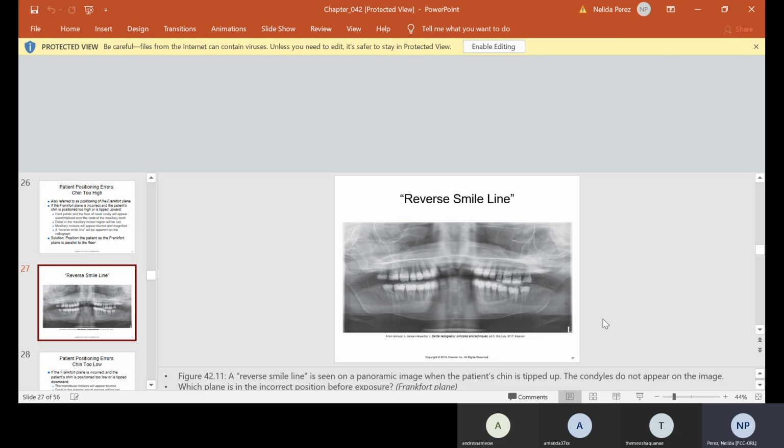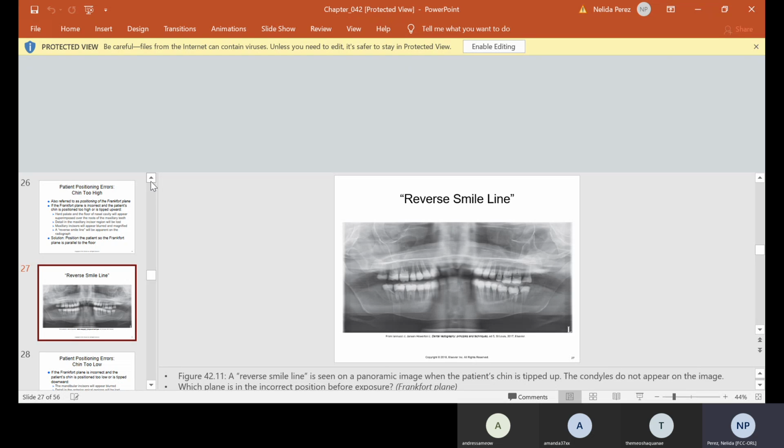So here's what they're talking about. This is a horrible panel. Not only do they look like they're frowning, so that's what they're mentioning. Okay, so their chin is tipped up too high. That makes them look like they're frowning. And then all the front anterior teeth look very blurred. We can't even see them.